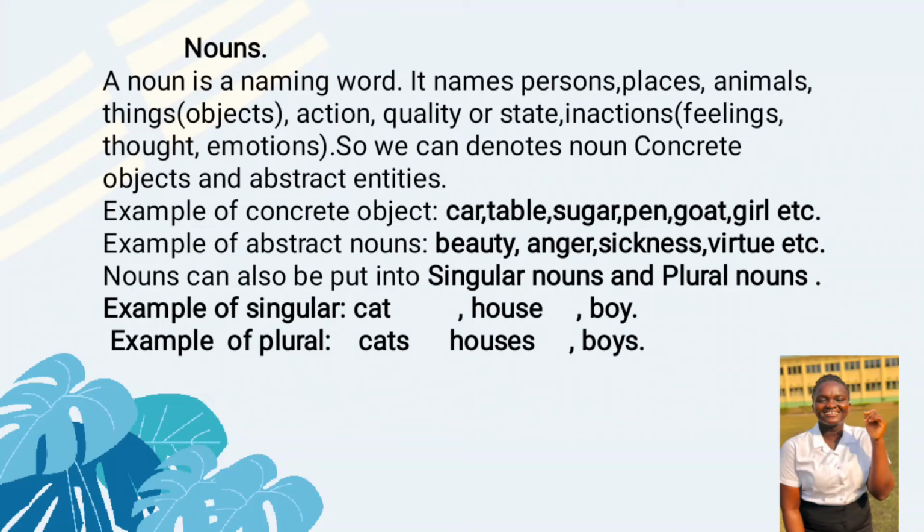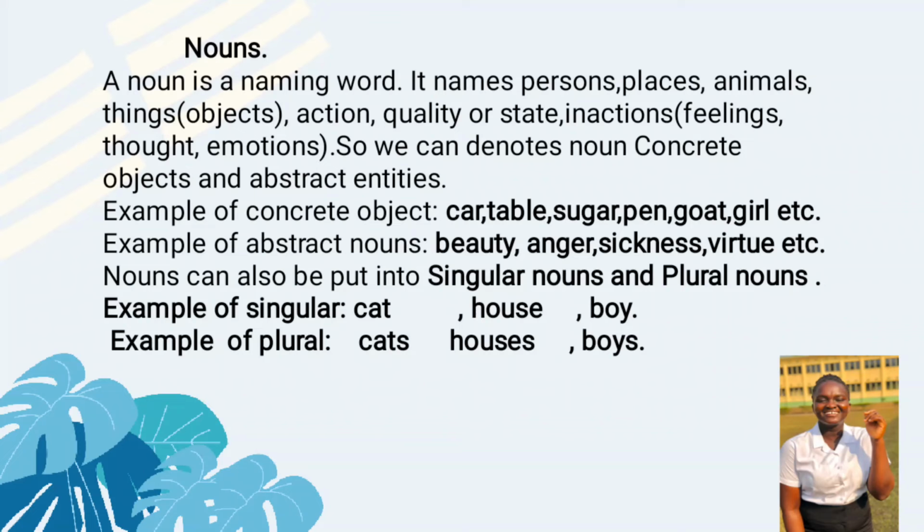Examples of concrete nouns: car, table, sugar, pen, goat, girl, etc. Examples of abstract nouns: beauty, anger, sickness, virtues, etc.